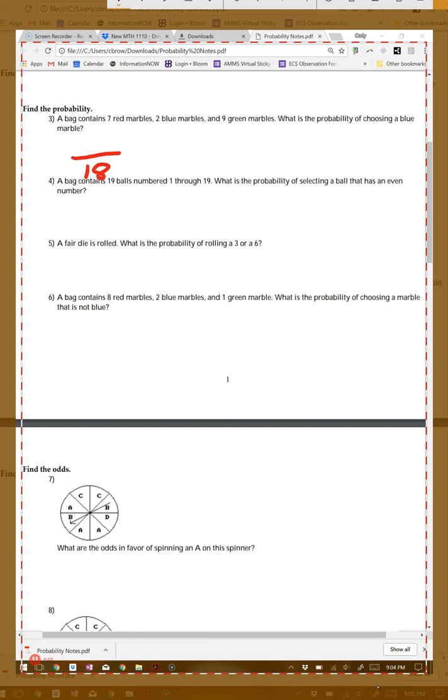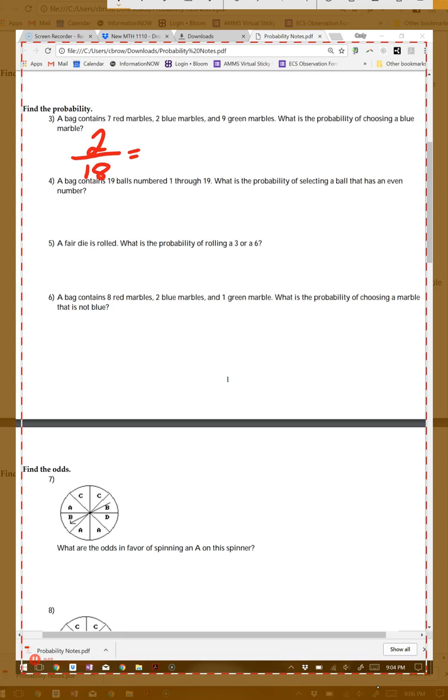Now the top number needs to be then what is the success, and in this particular simulation the success we're looking for is the blue marble. Okay, and so by doing that we look and we see how many blue marbles there are in the 18. So there's 2. So in this particular simulation there are 2 ways to achieve success out of 18 total ways for the experiment to happen.